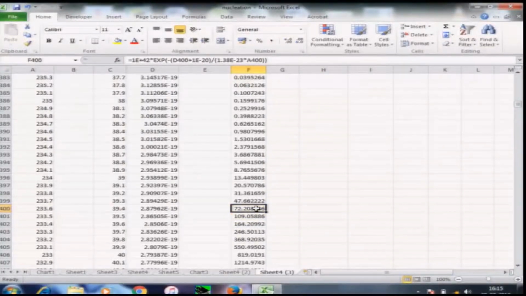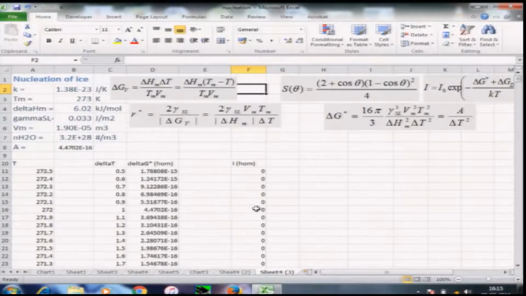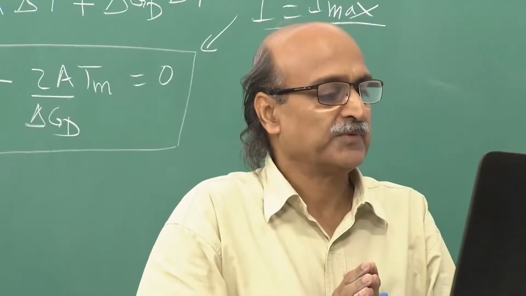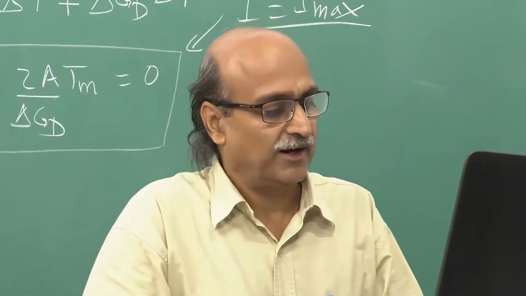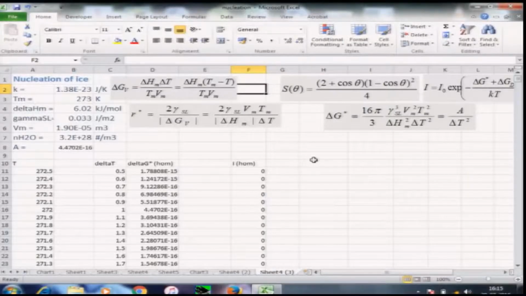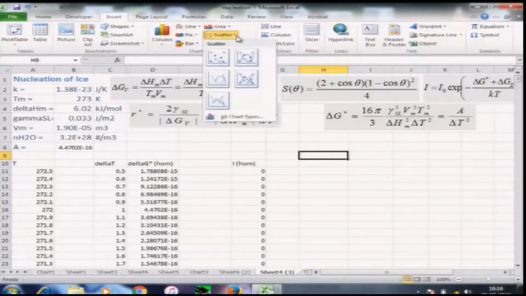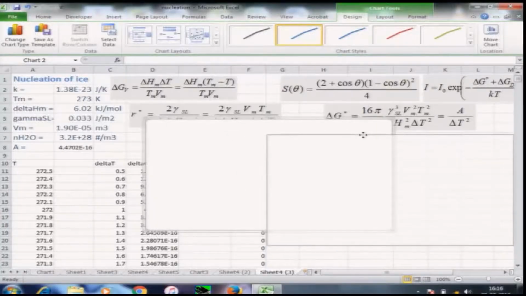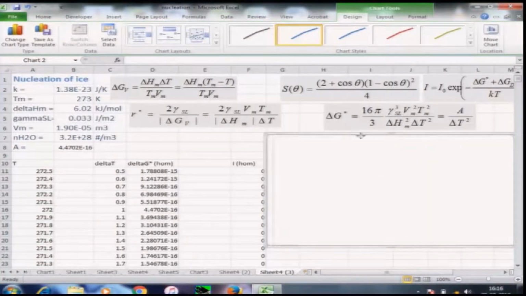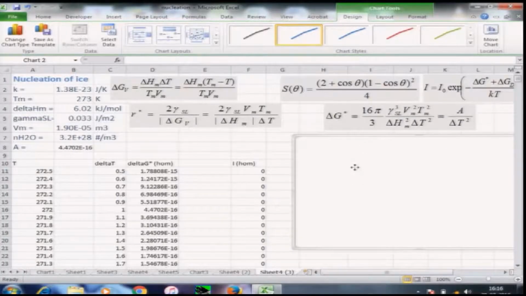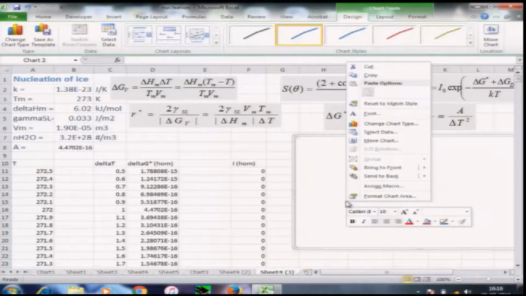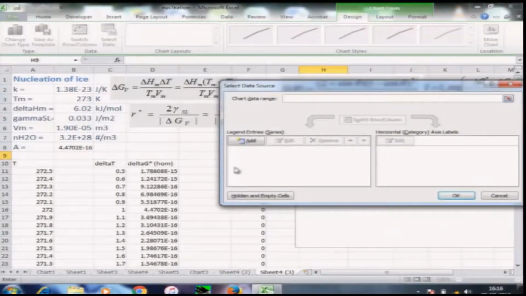Now, let me look at how this nucleation rate varies with undercooling delta T. How does this function look? So, let us plot this function: insert, go to scatter plot. I get an empty plot, and I will select the values for the x and y axis. I right click on the plot, select data and add.